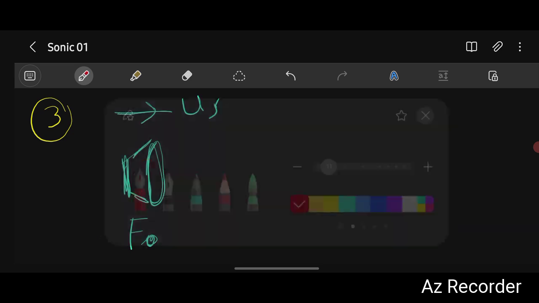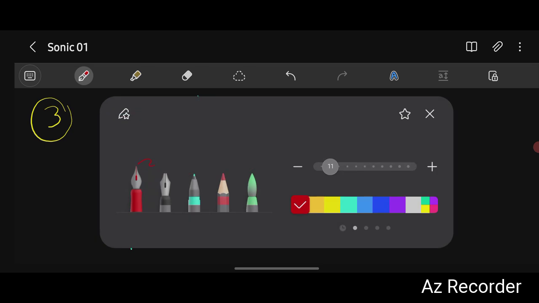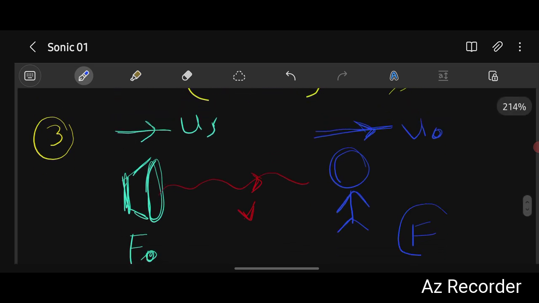Then it emits a sound wave like this towards the observer with velocity v. Then we have our observer in this direction, who also has velocity towards this direction. The apparent frequency heard by the observer is f.